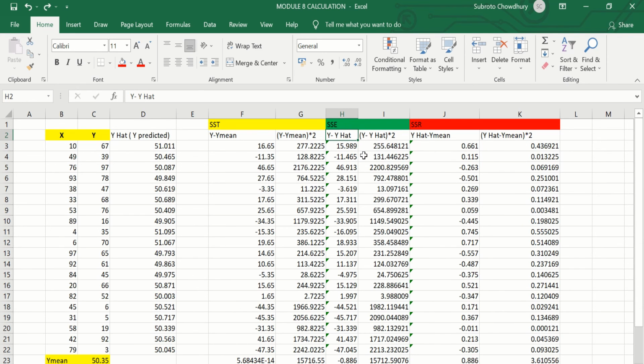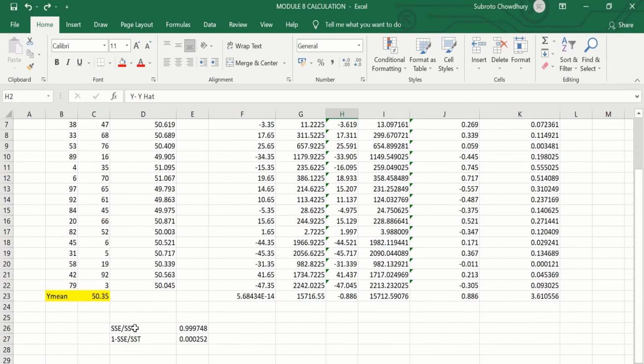So what is the formula for calculating R square? First of all, we have to find out the percentage of error as a part of the total. That is 0.99, and when we subtract that from 1, what we get is the percentage of the variation explained by the model, which is 1 minus SSE divided by SST.